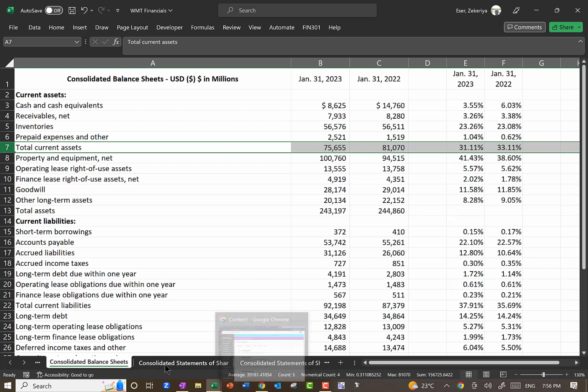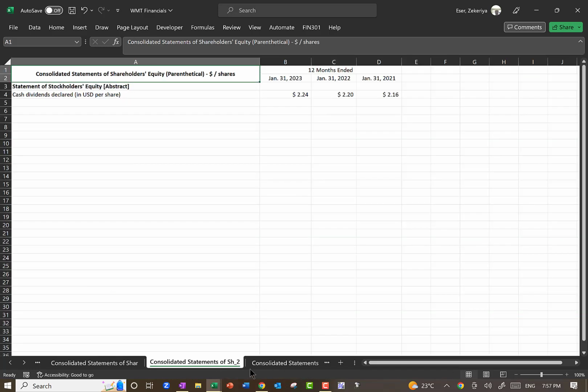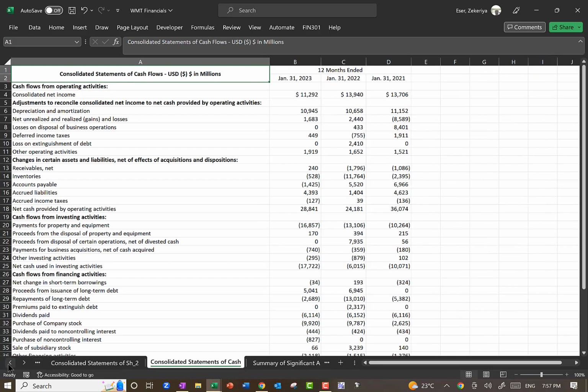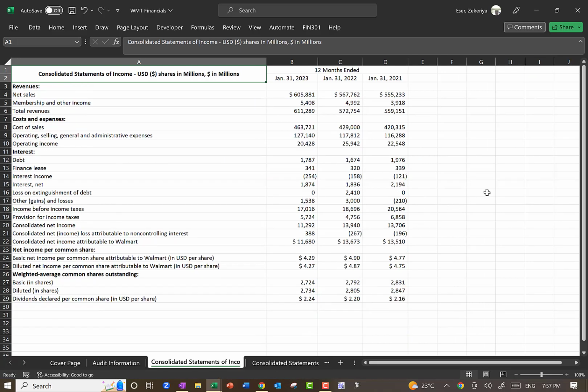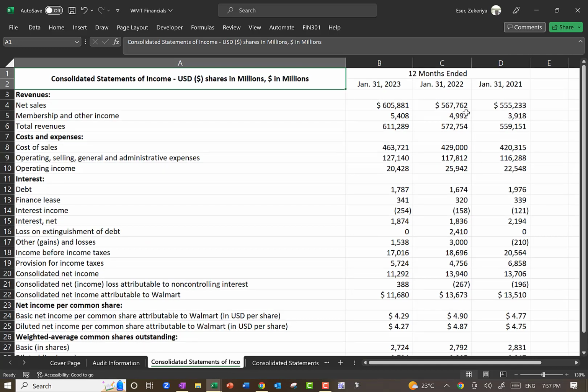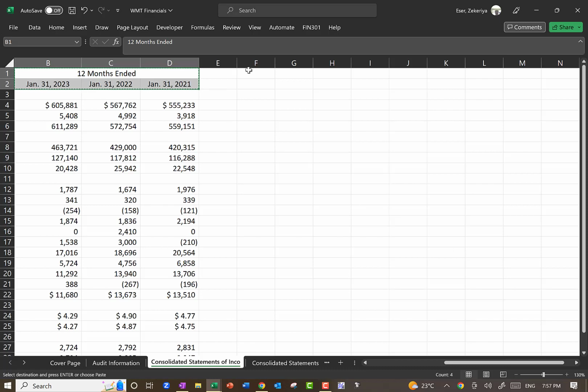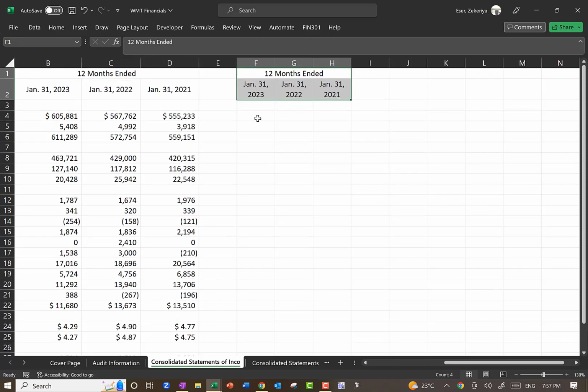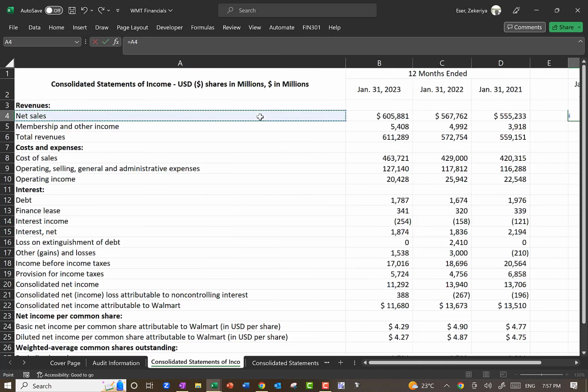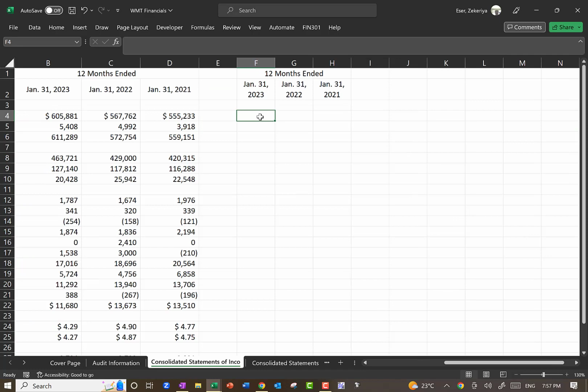I am more interested in what's going on in the income statement. Let's see. Let me copy these. Of course, I'm not going to do anything with the net sales.